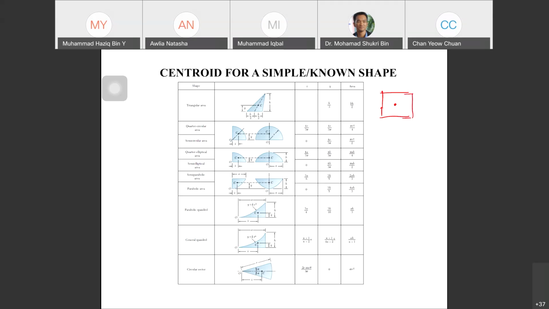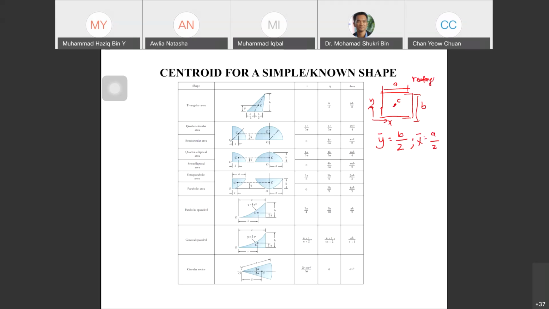Okay, this is C. Let's say this side is A and this side is B. Let's say this is your Y and this is your X. So Y bar is basically B over 2, and X bar is basically A over 2, at the center of the rectangle. So that is the centroid for a rectangle.